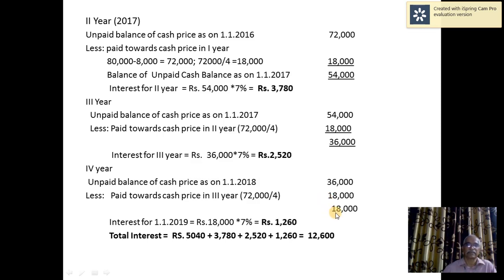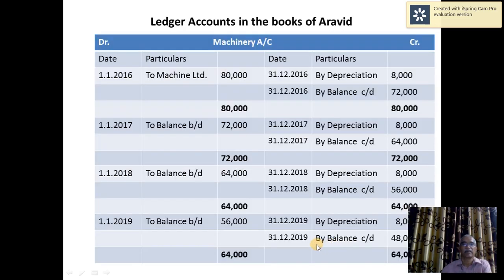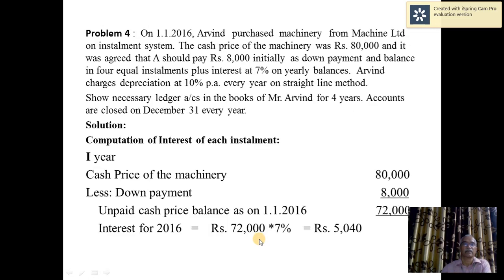So the balance is 18,000. On this you are calculating interest at 7%, so that comes to 1,260. Now if you take interest of all the 4 installments, you will get 5,040, 3,780, 2,520, 1,260. Together it is 12,600. Okay, let me once again sum it up.